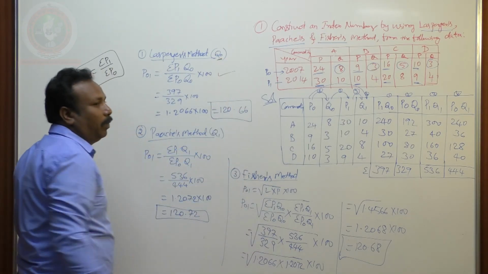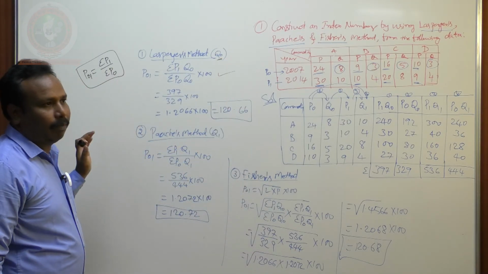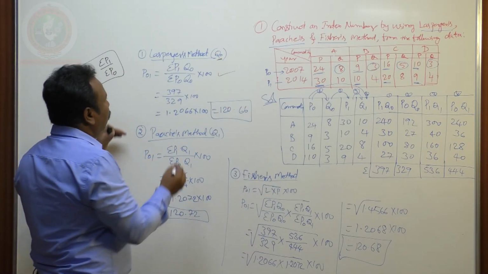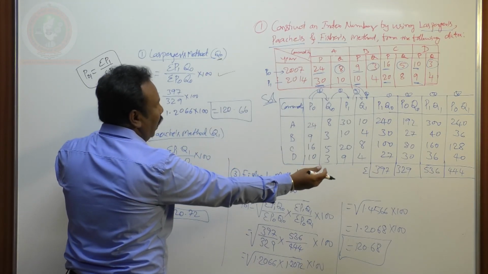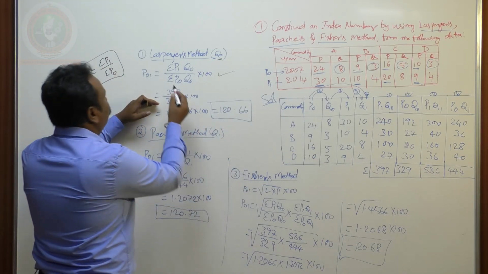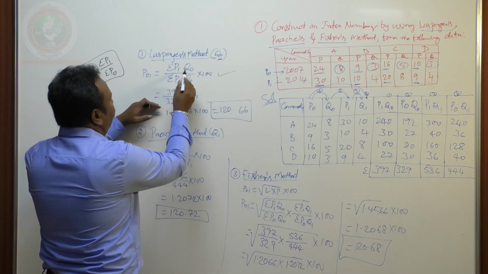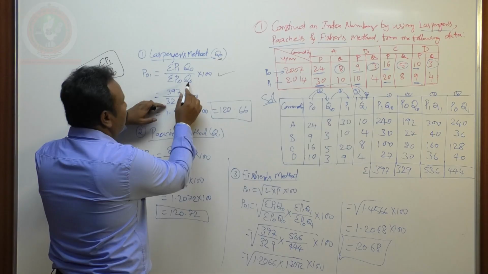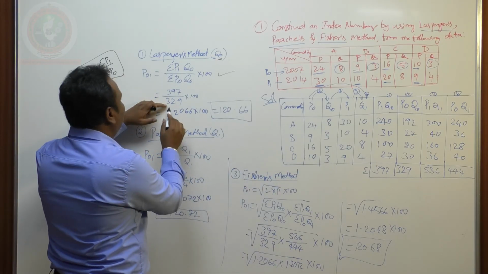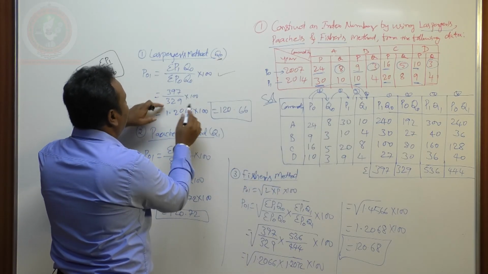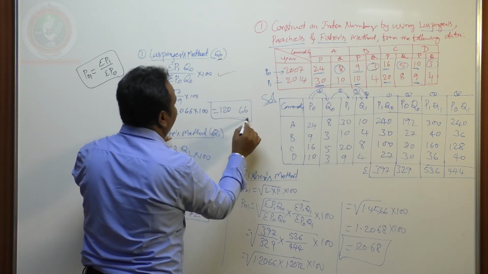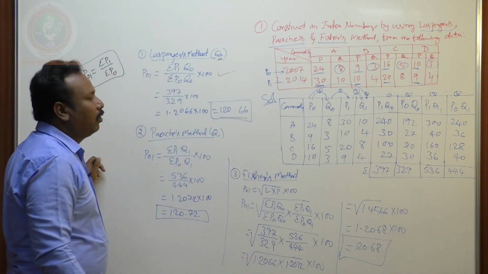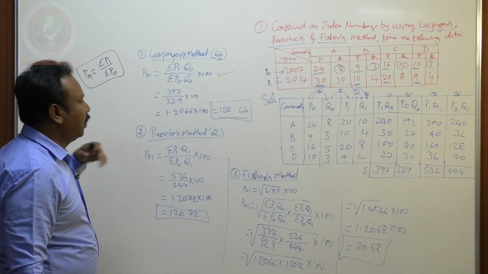After that, apply the calculations we developed in the table. Summation of P1 Q0 is 397, summation of P0 Q0 is 329. Into 100, simplify that, we get the index number 120.66 under Laspeyres' method.